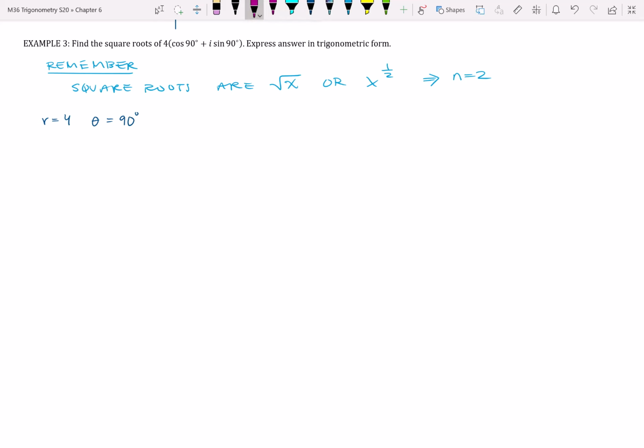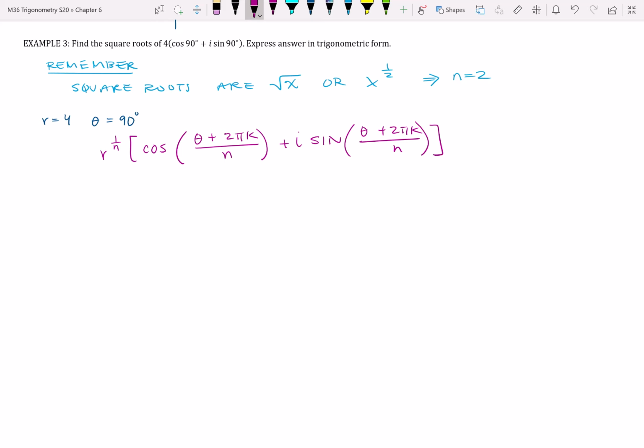It says that if you have r to the 1/nth power, so if you want to find the nth root, in this case the square root, this would be cosine of theta plus 2 pi k, or 2k pi, it doesn't matter the order, all over little n, plus i sine of that same quantity, theta plus 2 pi k all over little n.